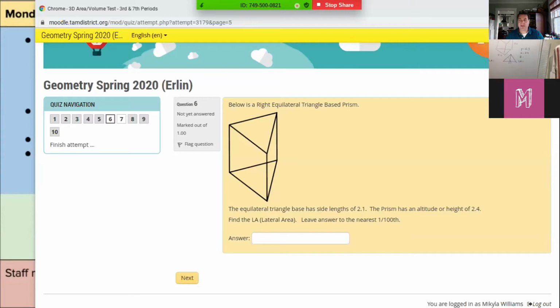What's our formula for lateral area? 1/2. Or no, is it? It's P times H. We've already got P and H. So just multiply those together and what do you get? 15.12. Yep, that's your answer.